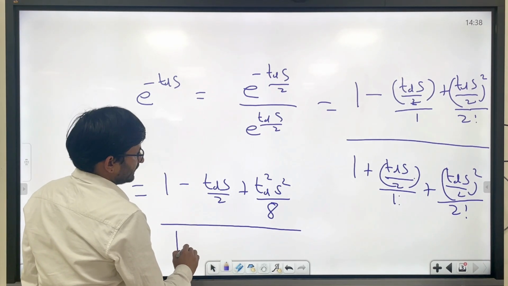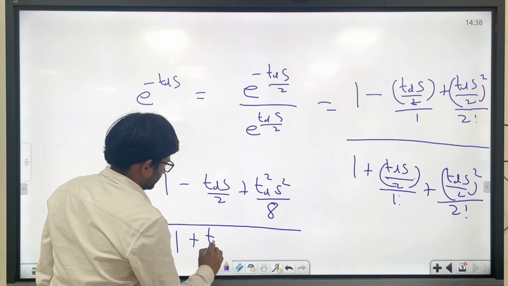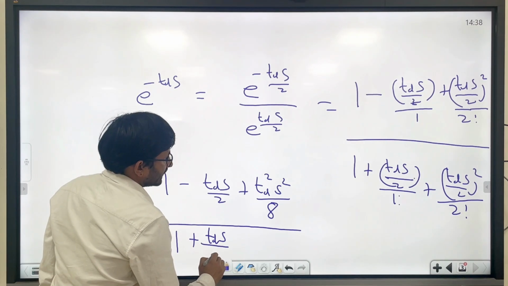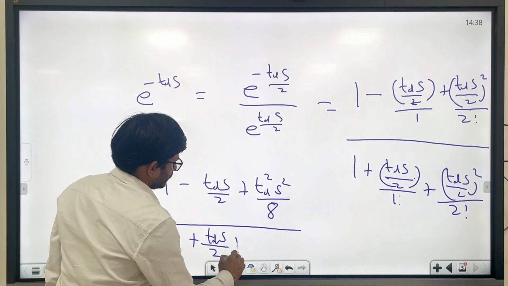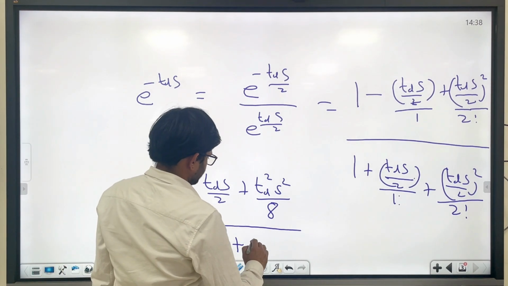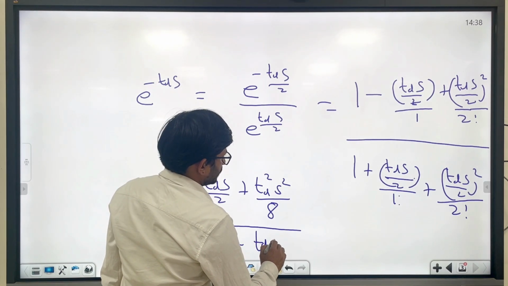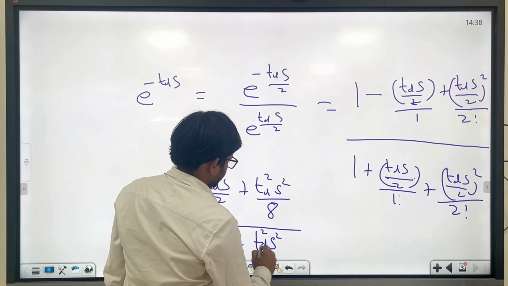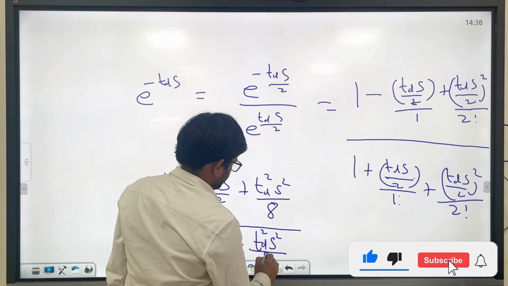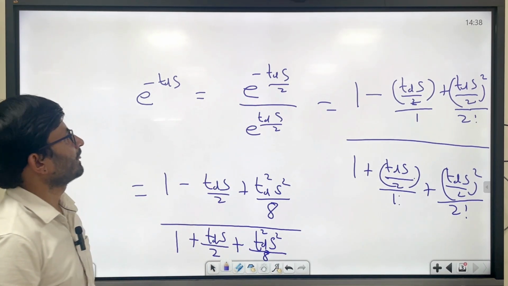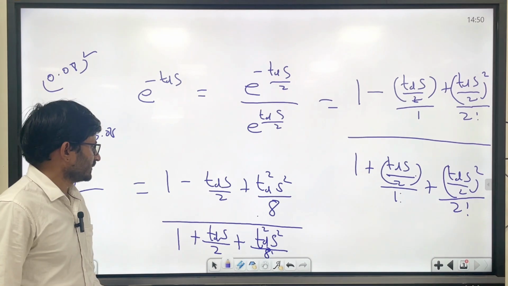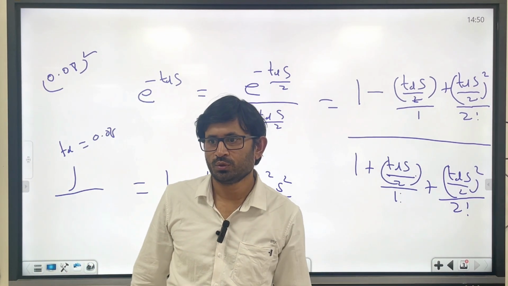And this you can write as 1 plus Td s divided by 2 plus Td square s square by 8. Then if you put the Td value, you will get the approximated value.